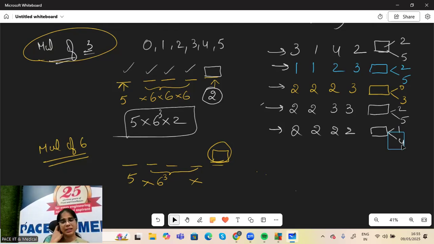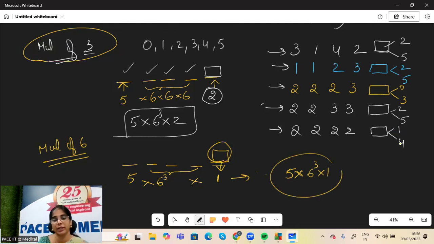So in any combination you take, one will be an even number and the other will be an odd number. So obviously you want only even numbers, as a multiple of 6 must be a multiple of 2 and 3 as well. So this place you get just one way. So my final answer here will be 5 into 6 cube into 1 only. Clear? So that is multiples of 6.